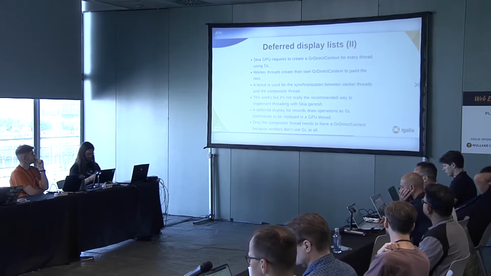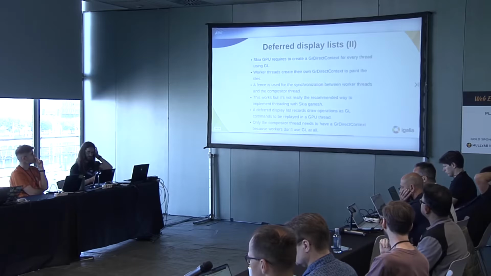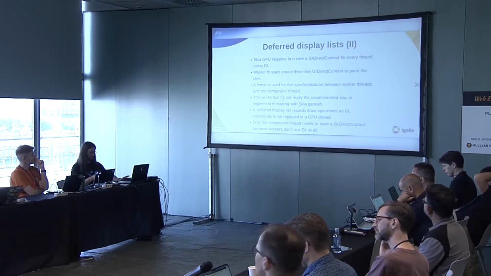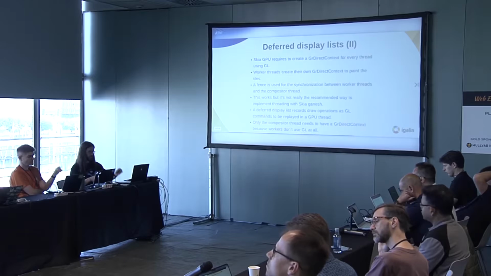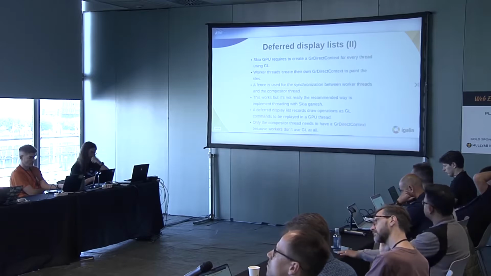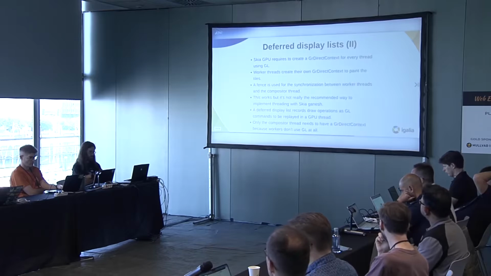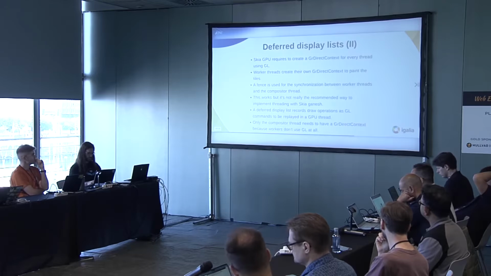The recommended way to do threading with Skia is to have just one GrDirectContext that is the only one using GL. But now we are creating one direct context per worker thread, and we are generating textures from those worker threads.